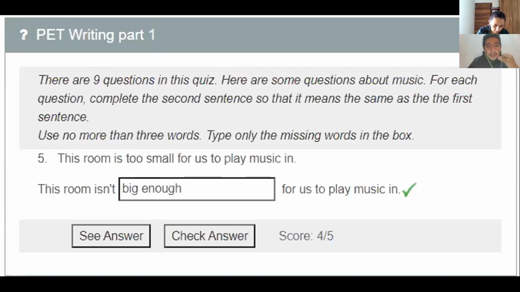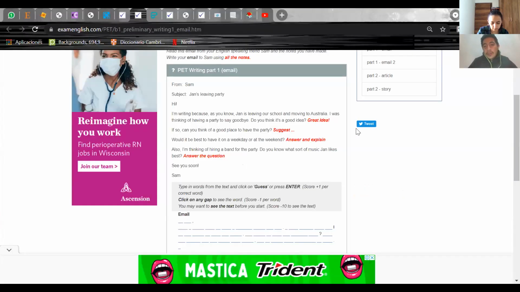So now we are going to pass to the next part. Maybe you can find this structure in which you have to rewrite a sentence, but also you have to write maybe an email, or it could be an article, or also you can have to write a short story.